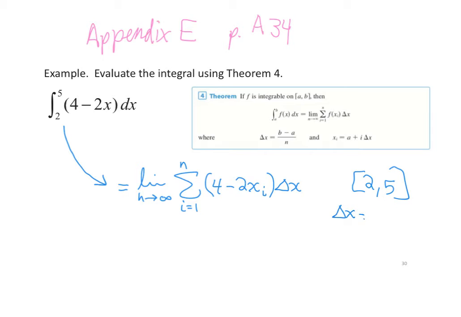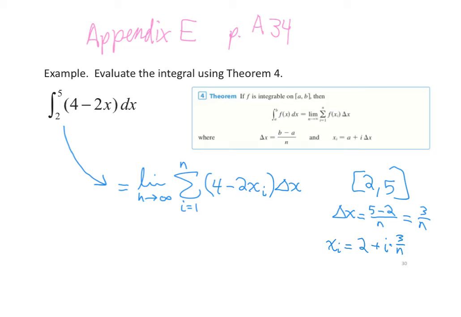Delta x is going to be (5 minus 2) over n, which if we simplify is 3 over n. And then xi is a, which is 2, plus i times delta x, which we just figured out is 3 over n. So xi is 2 plus i times 3 over n.